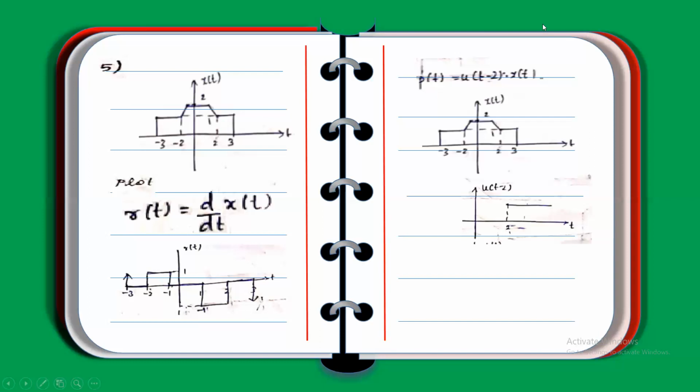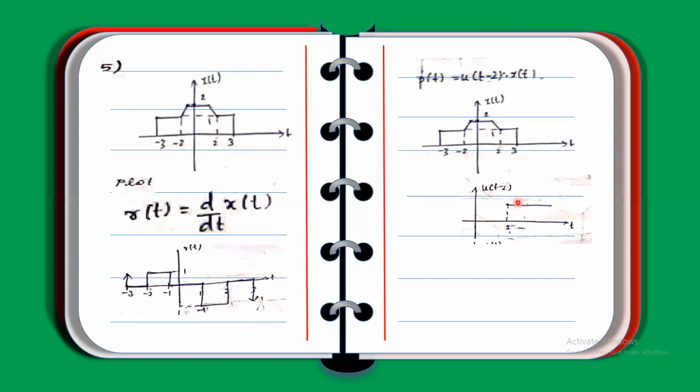As it is a product, p of t will have a value only when both these component signals have a value. We can say that till t equal to 2, u of t minus 2 is 0. So all these portions of x of t will get multiplied by 0 and will not be present in p of t. P of t will remain 0 till t equal to 2.